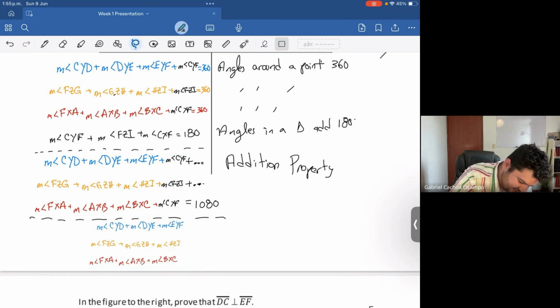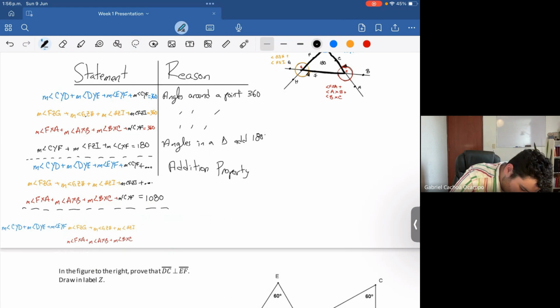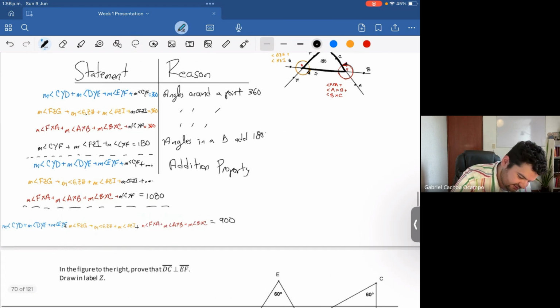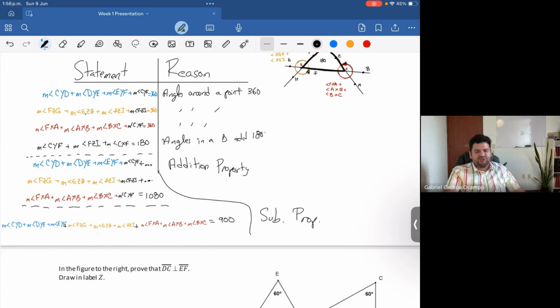I think that this is easier for me than rewriting them. To 900, and this is the subtraction property. And that is what you wanted.